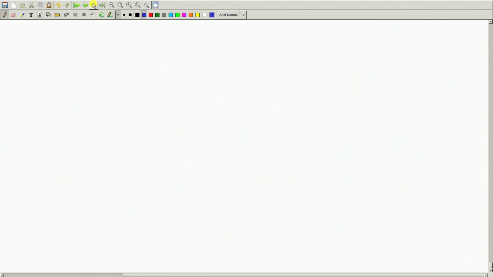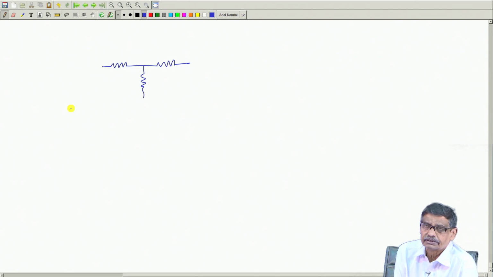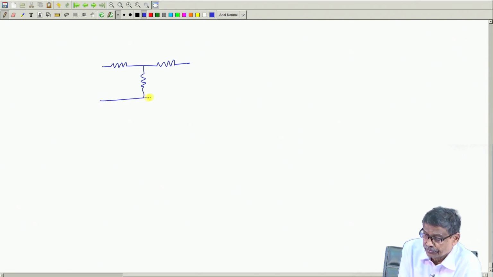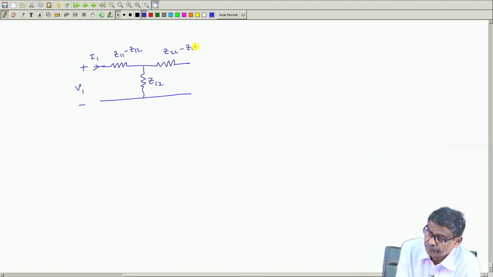Let me go to the next page. So, I have got this. I do not bother how complex the network was, but ultimately I have shown that if this is the supply voltage, this is the current I1, you can represent it as this is Z12, and this is Z22 minus Z12, this is I2, this is I1, and this current is I1 plus I2, and so on.